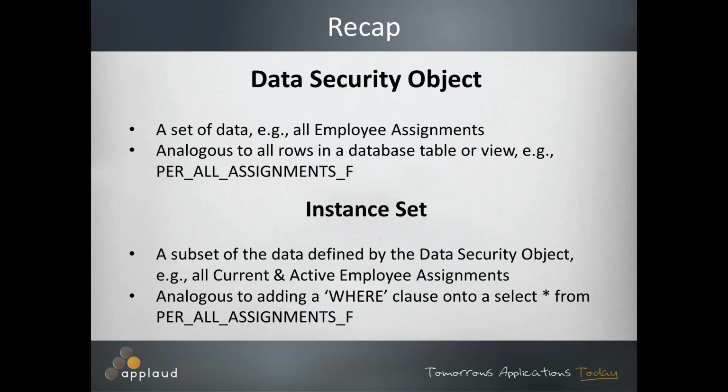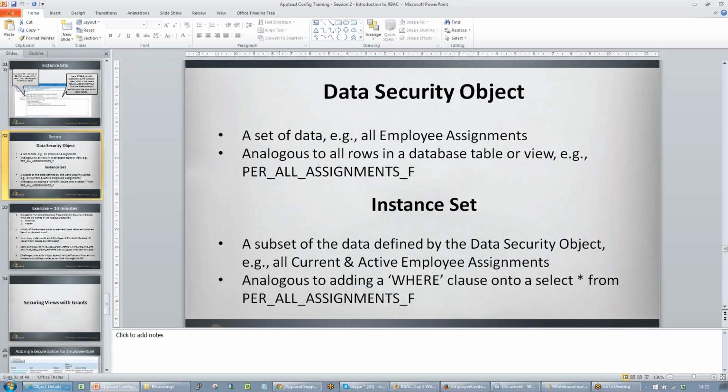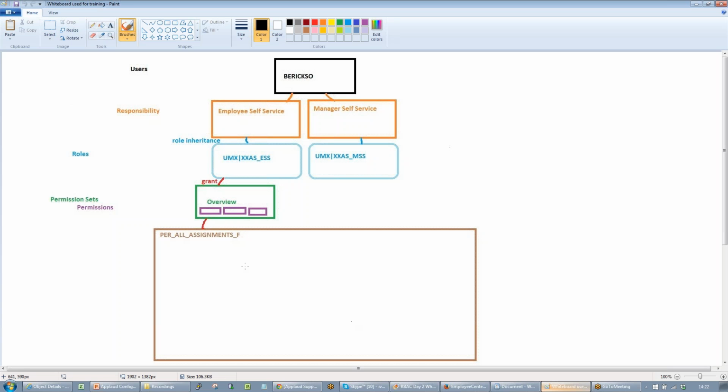I'm just going to go into an exercise in a minute, but before we do that, I just wanted to revisit the whiteboard that we were working on yesterday. So remember when we looked at this setup yesterday?